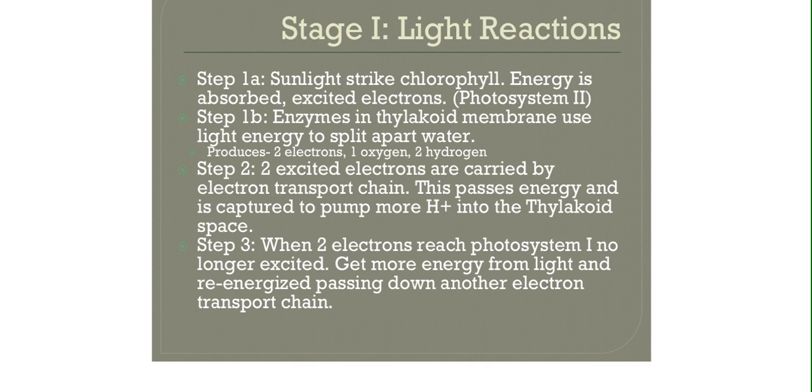So what they do is they get more energy from light and re-energize, and then they pass down another electron transfer chain. So both photosystems are, again, getting light energy. Photosystem 2 is where we start. These 2 excited electrons go down this electron transport chain. When they reach photosystem 1, they no longer have energy. So they need more energy, and they get that from light.